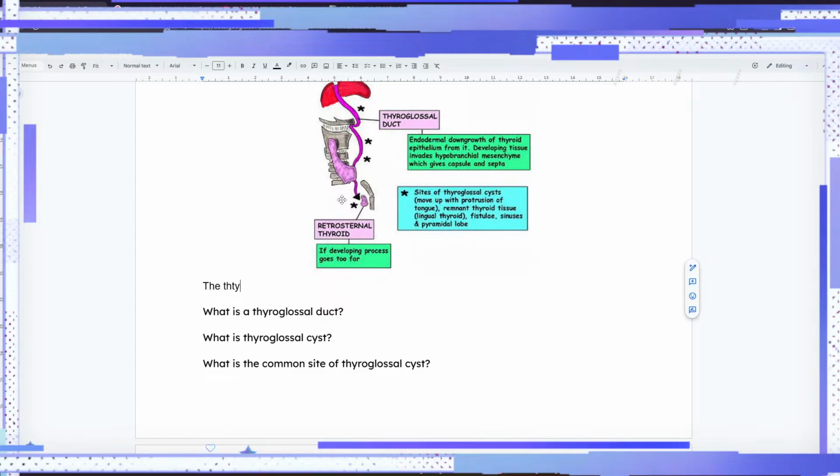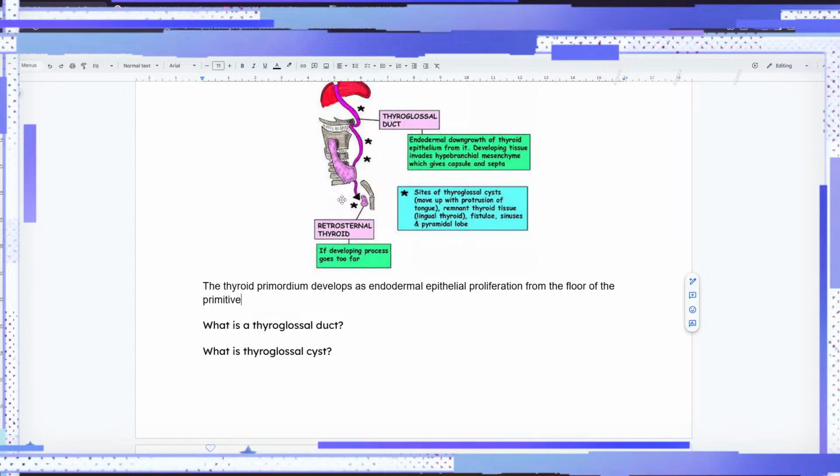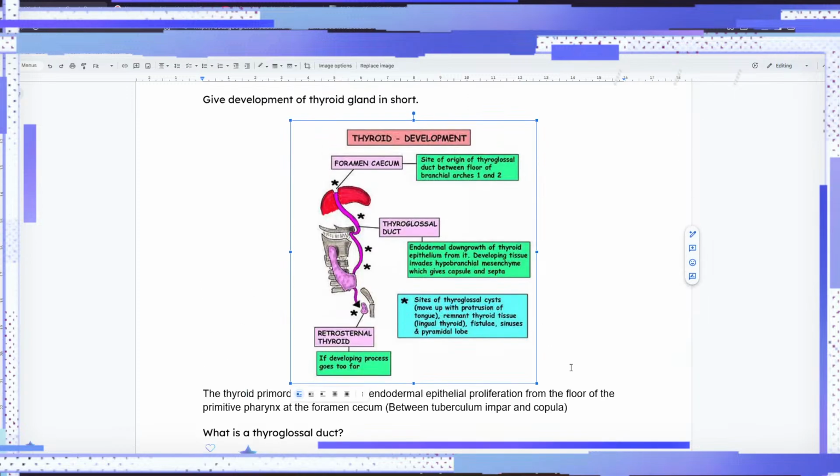The thyroid primordium develops as an endodermal epithelial proliferation from the floor of the pharynx at the foramen cecum, or you could say between the tuberculum impar and the copula.